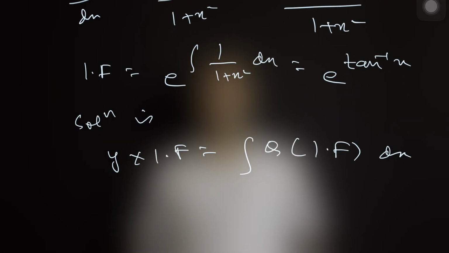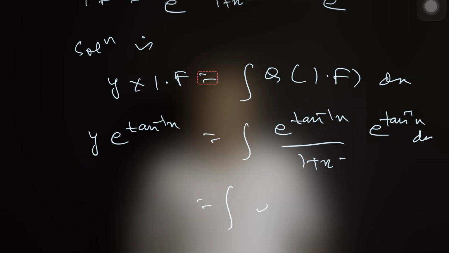This is something which you have studied in class 12th, and the derivation is very well established and known. So, I can write this q as e to the power tan inverse x upon 1 plus x square into e to the power tan inverse x dx. Now, what I get is the integral e to the power 2 tan inverse x upon 1 plus x square dx.